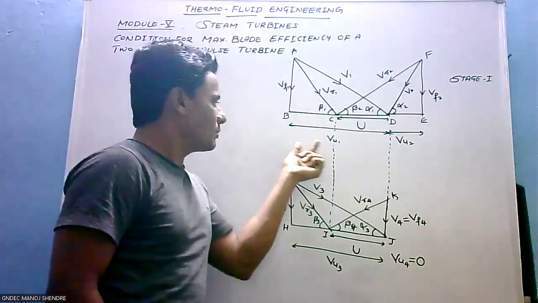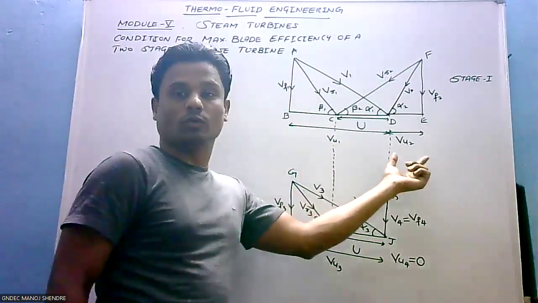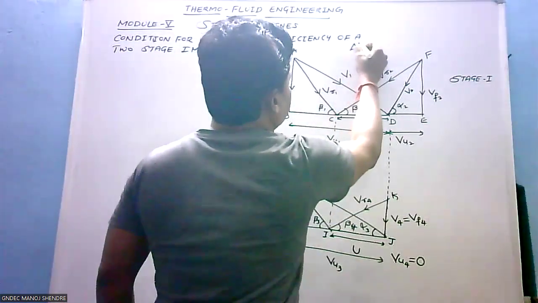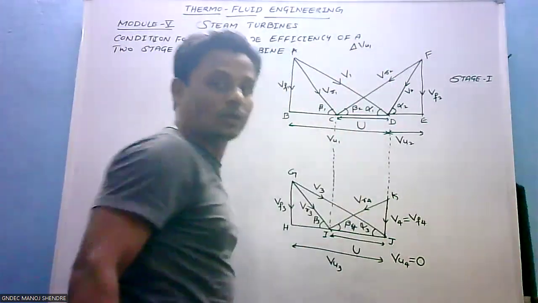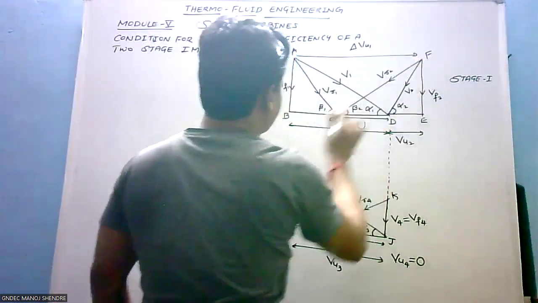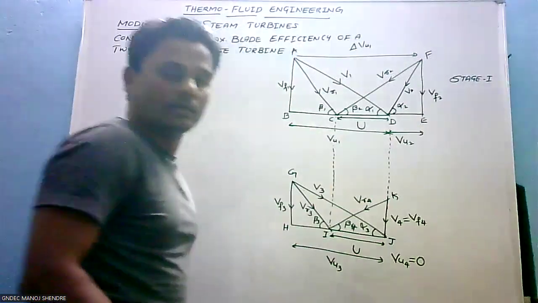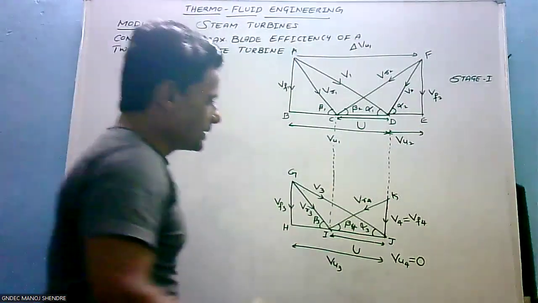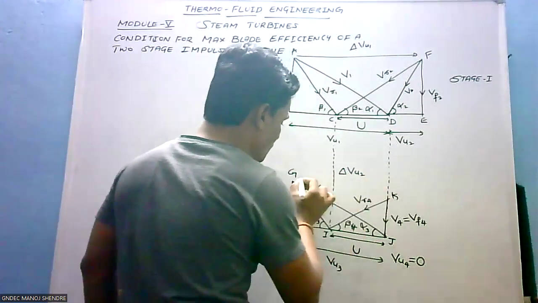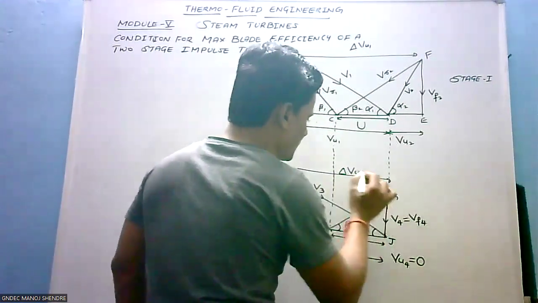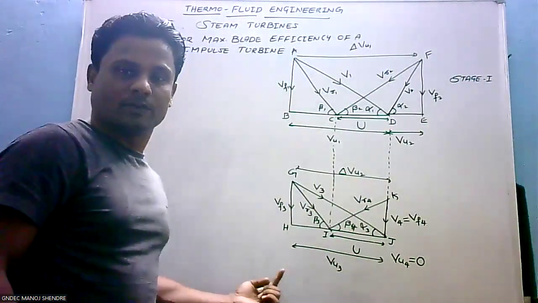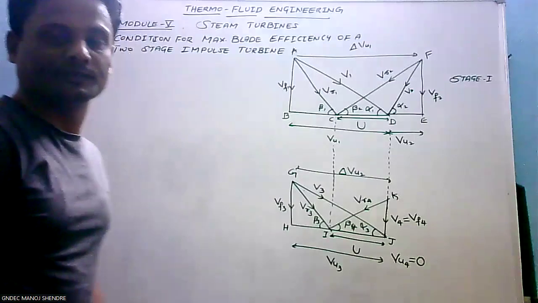Now, the sum of VU1 and VU2 can be written as delta VU1 for the first stage. It is the distance between B and E. Similarly, for the second stage, it is delta VU2, the distance from H to J.